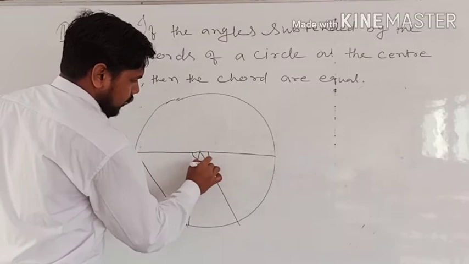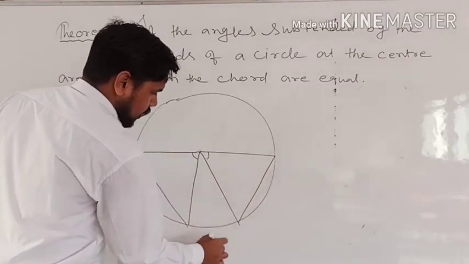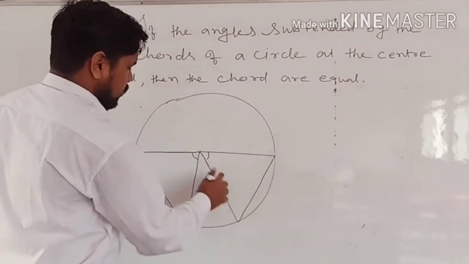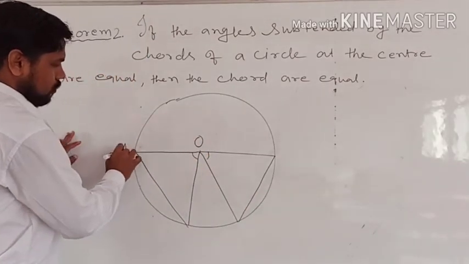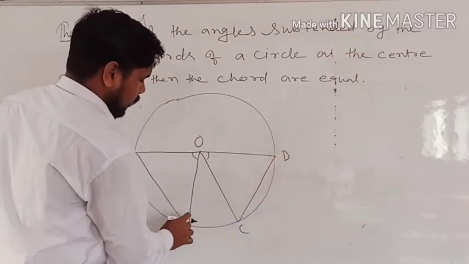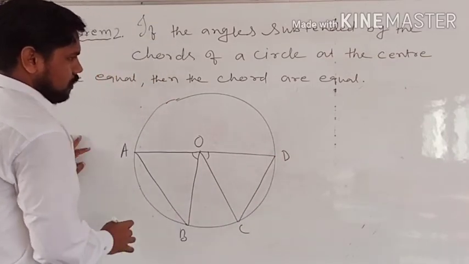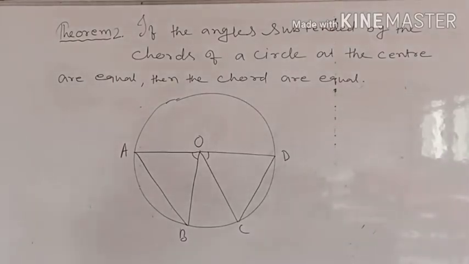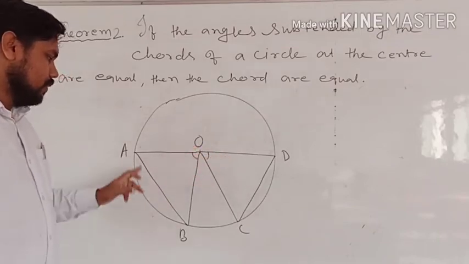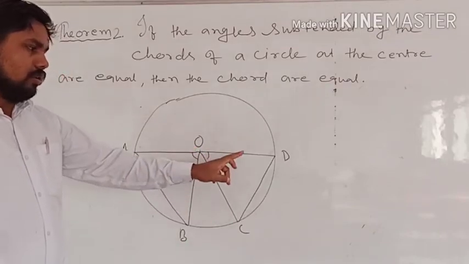So here two angle measurements are given, and you have to prove that these two sides will be the same. So suppose this is A, O, B, C, D. Okay. So in these two triangles, these two angles are given, AOB and COD.